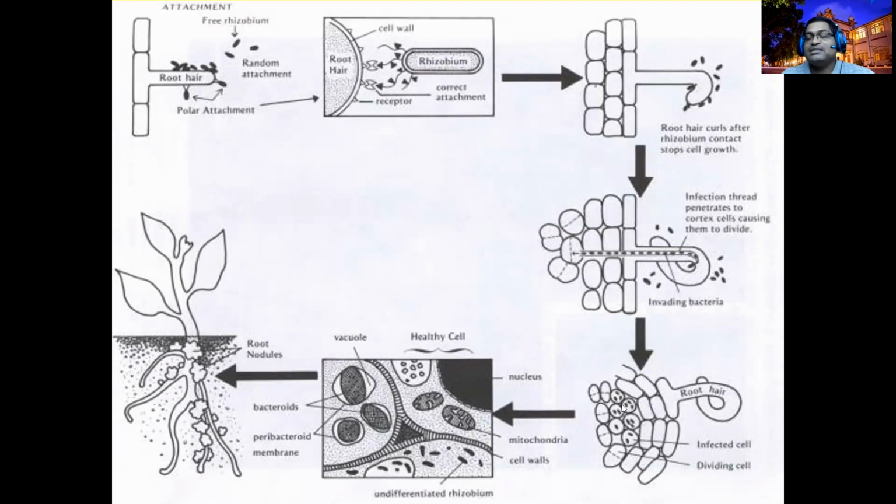The NIF genes activate enzyme production, modifying the cortex area, because the bacteria produce a tremendous amount of enzyme. This contains indole acetic acid and indole butyric acid. These induce the plant cells to multiply and enlarge.